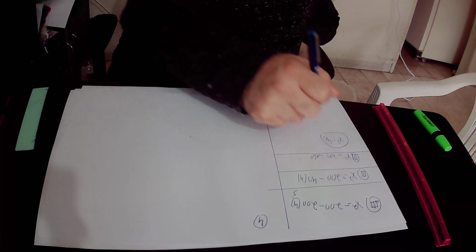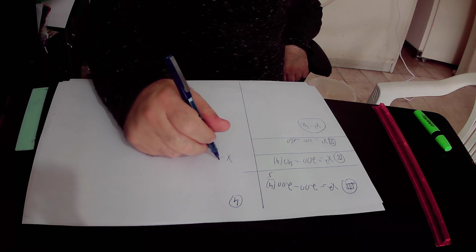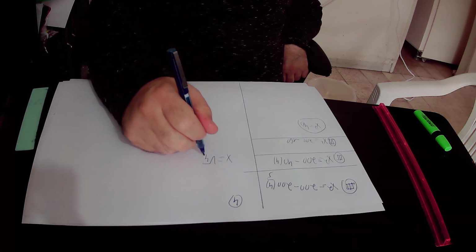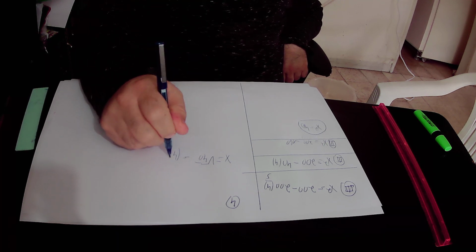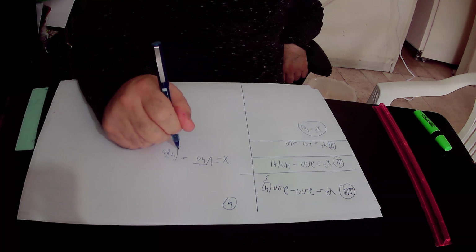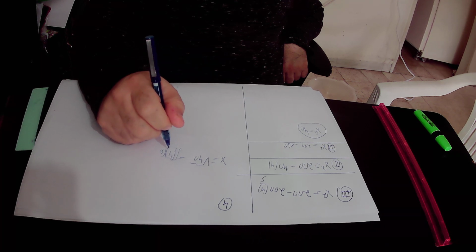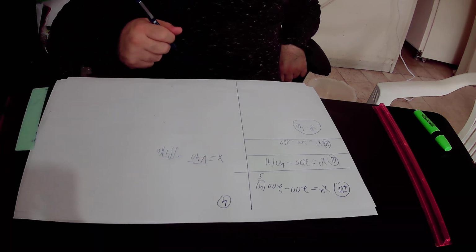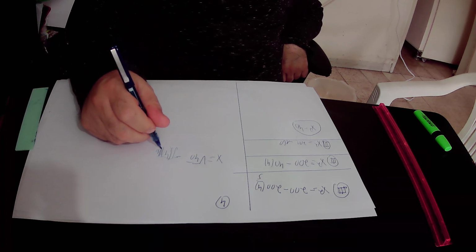We take the square root of this equation and we get that x equals the square root of 40. 40 is 4 times 10, so I'll write it down. So the square root of 4 is 2.